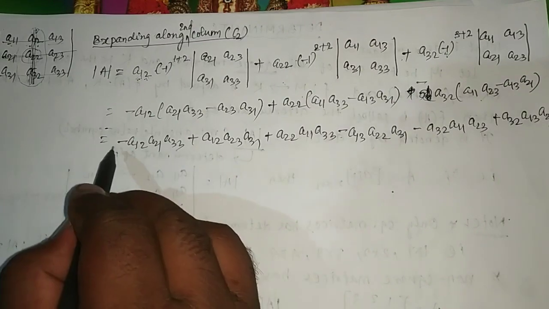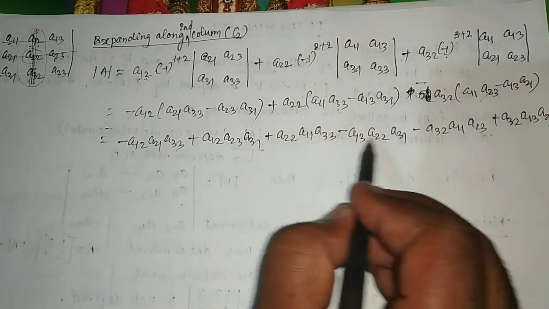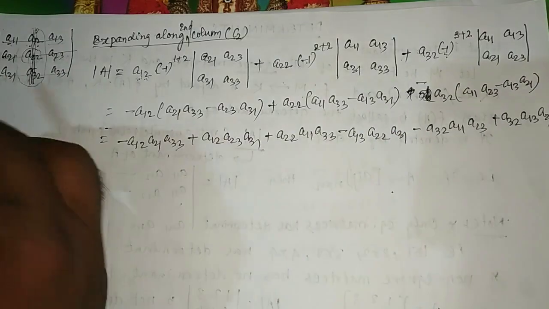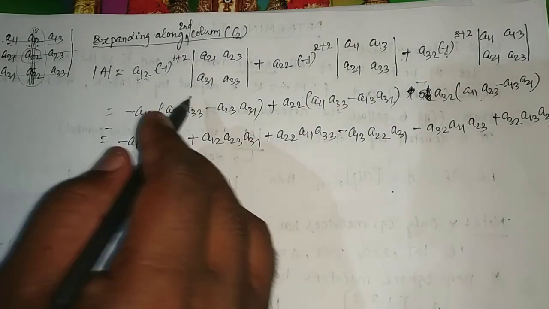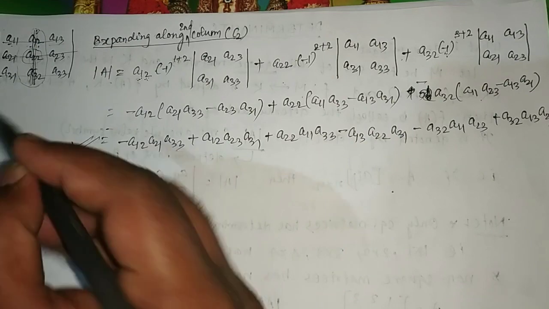Look at here. In this case, we also get the determinant of the matrix A. So, in both of the cases, the determinant values are the same.